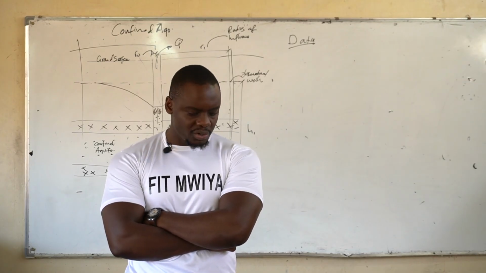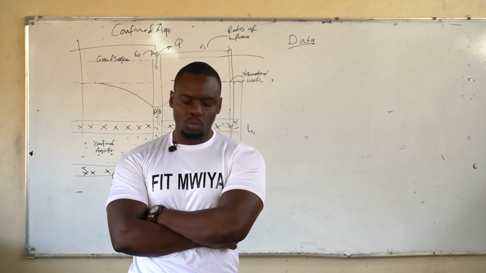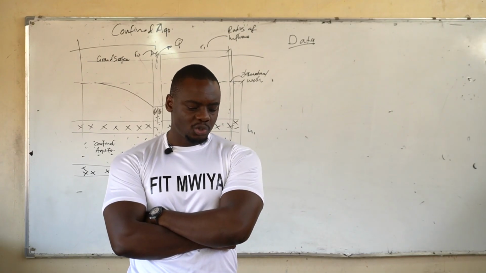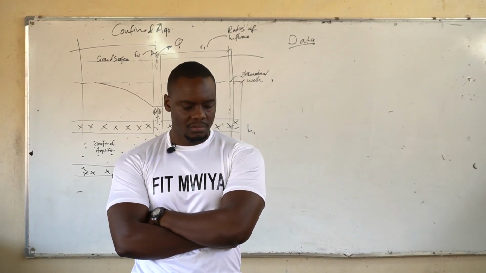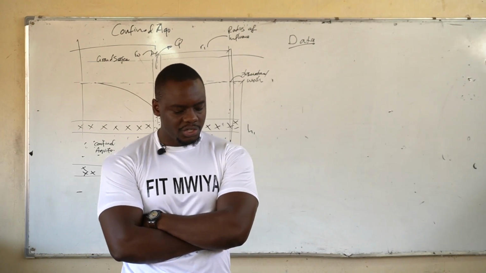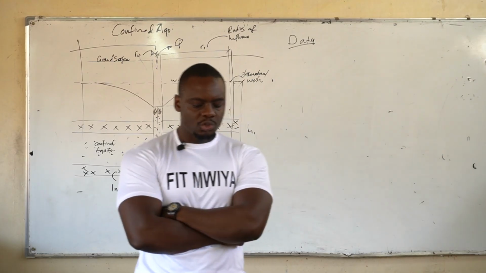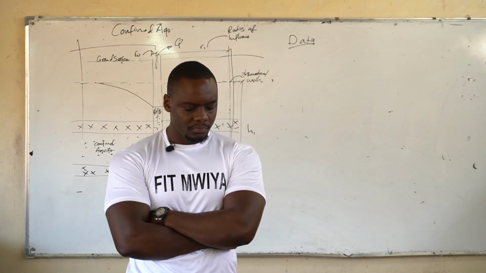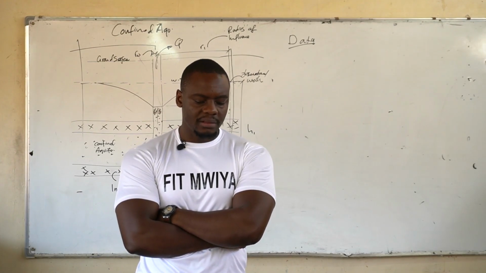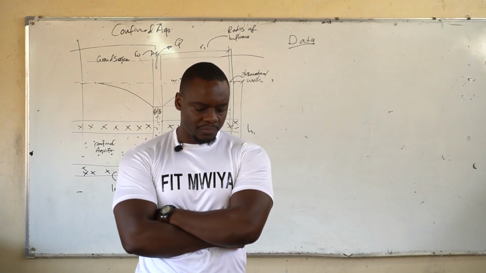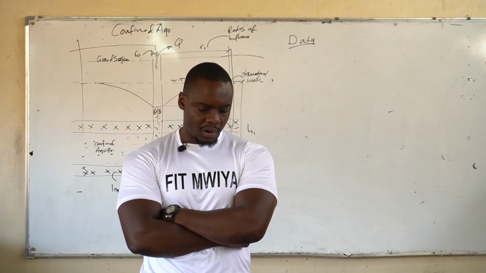Height of original water level above top of aquifer, colon, 30 meters, comma.